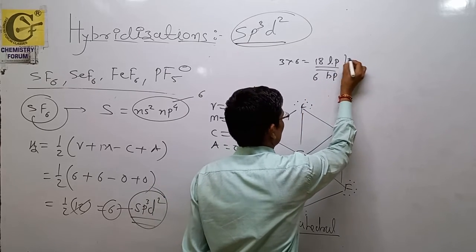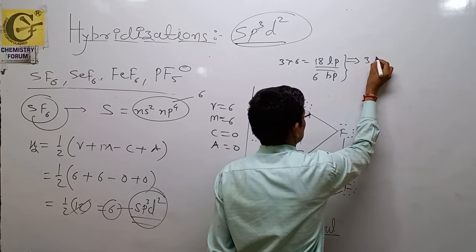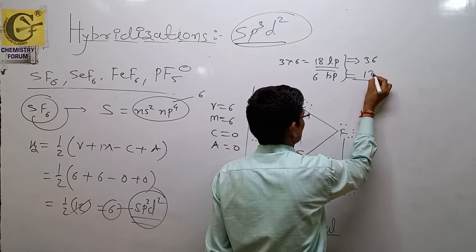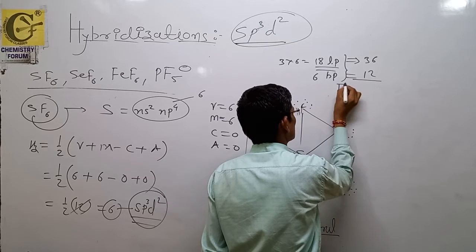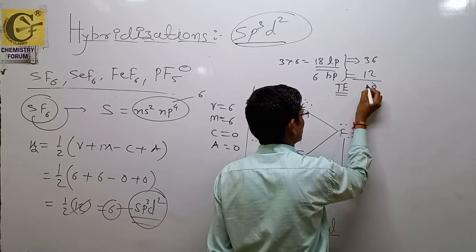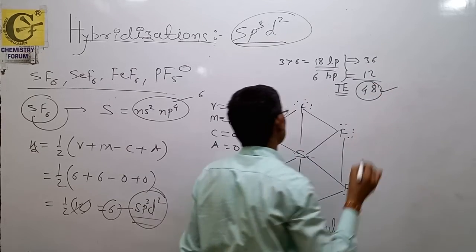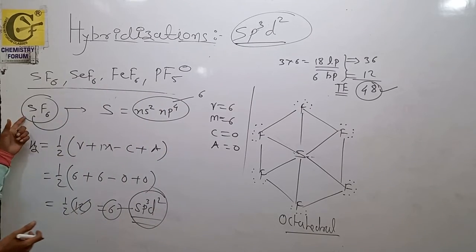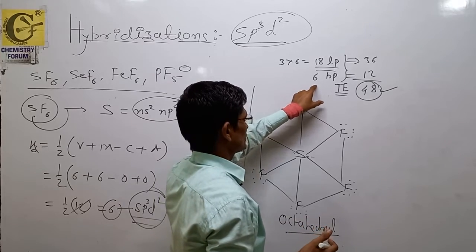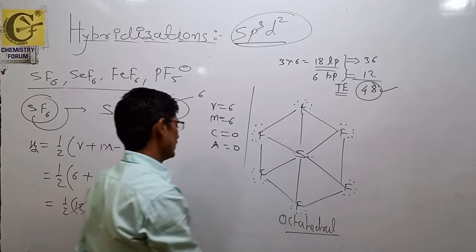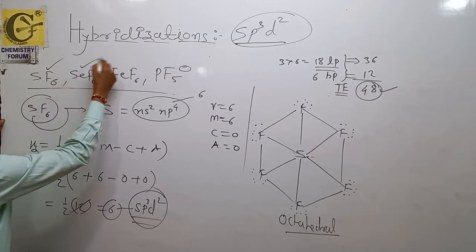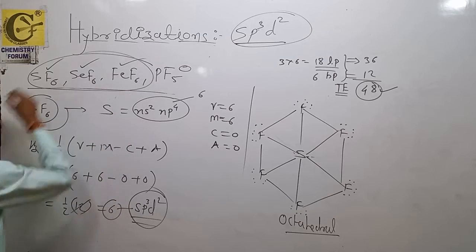So total number of electrons टोटल नंबर ऑफ इलेक्ट्रॉन्स इस मॉलिक्यूल में होते हैं 48. लोन पेयर ऑफ इलेक्ट्रॉन 18, बॉन्ड पेयर ऑफ इलेक्ट्रॉन 6, उसके बाद में टोटल नंबर ऑफ इलेक्ट्रॉन 48. ऑक्टाहेड्रल इन नेचर, sp3d2 हाइब्रिडाइजेशन.